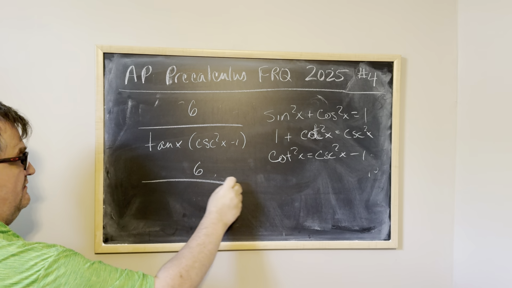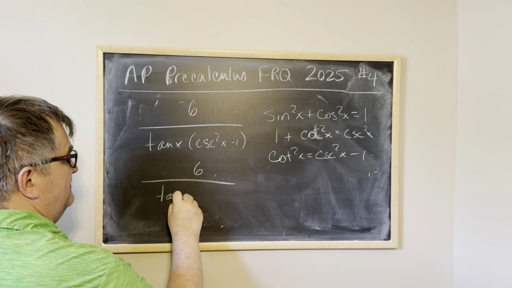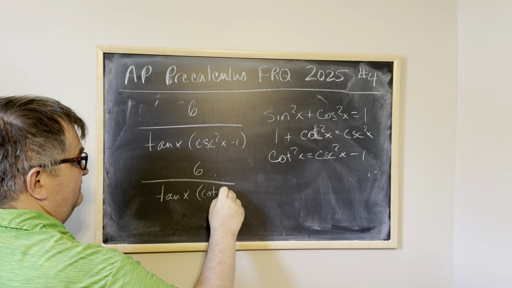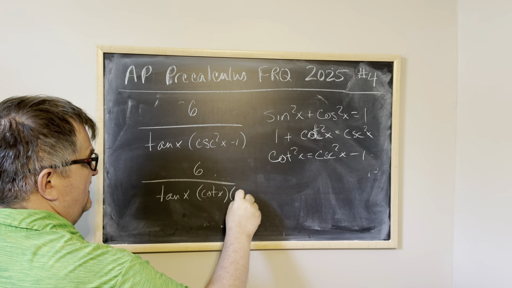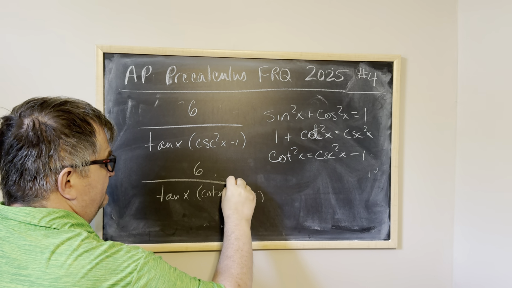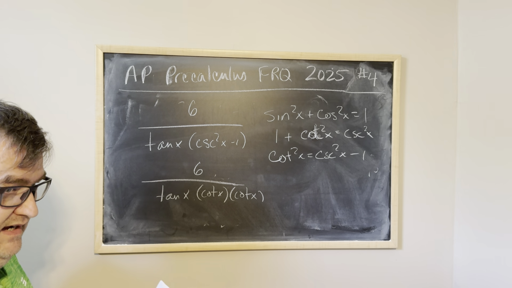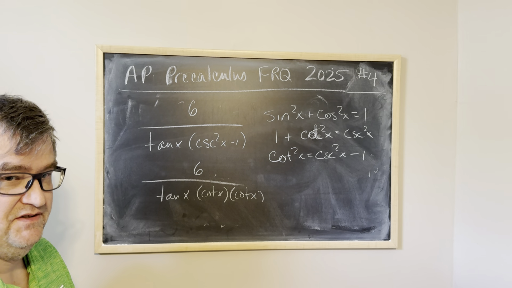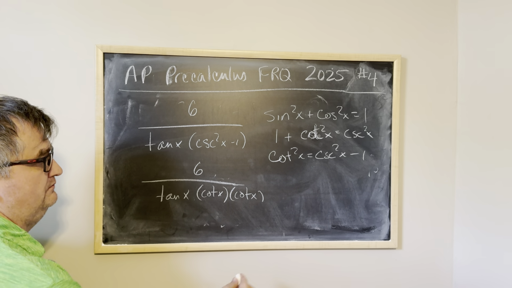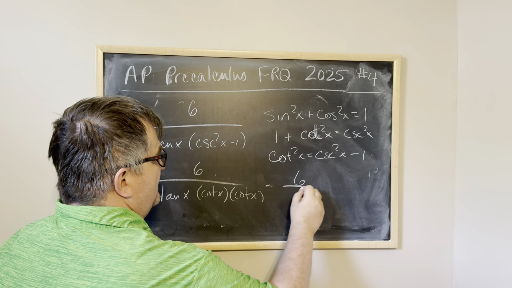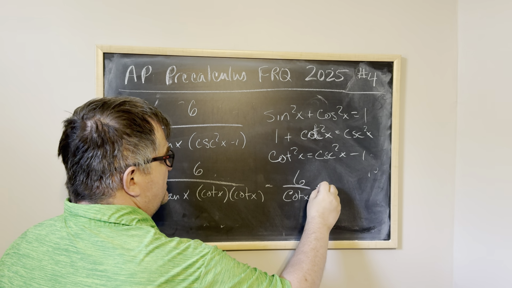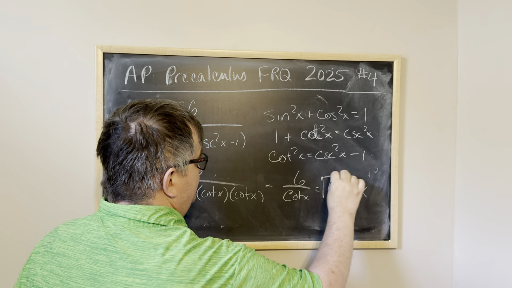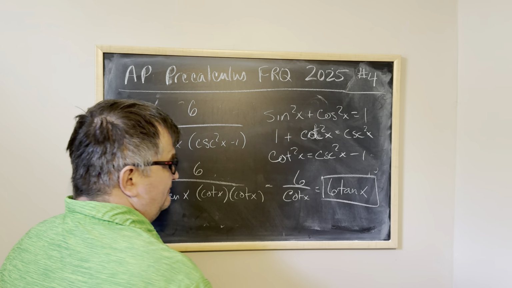Let's go 6 tangent. And then we have a cotangent and a cotangent. And now the problem becomes very straightforward. These two cancel out to 1. And so you have 6 over cotangent x, which is 6 tangent x, which is the solution.